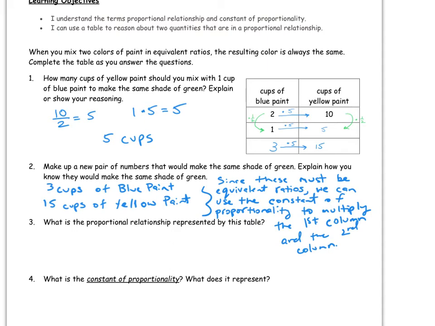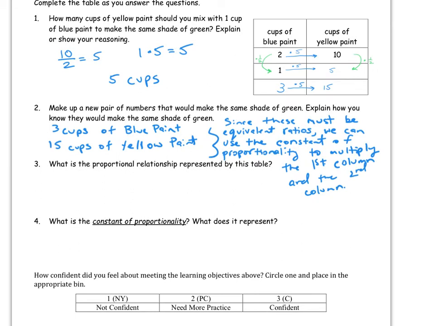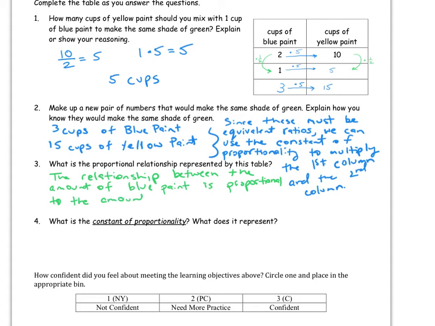In this case, we would say the relationship between the amount of blue paint is proportional to the amount of yellow paint.